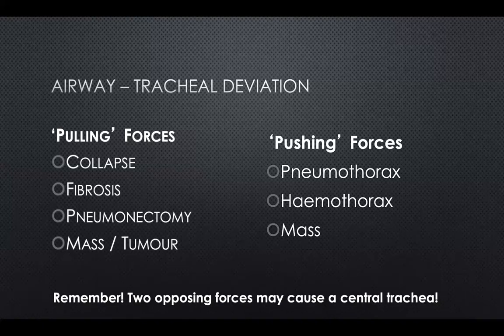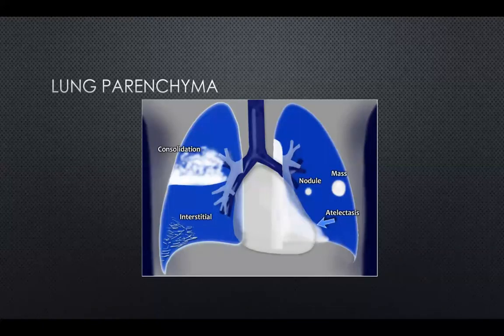So then next you'd be looking at the lung parenchyma. So what you see on a chest X-ray, if you see an abnormality, is it quite white and more fluffy? Is it consolidation? Or is it lines and more fine opacities, and is that interstitial?